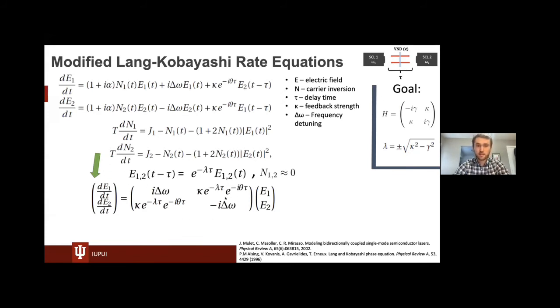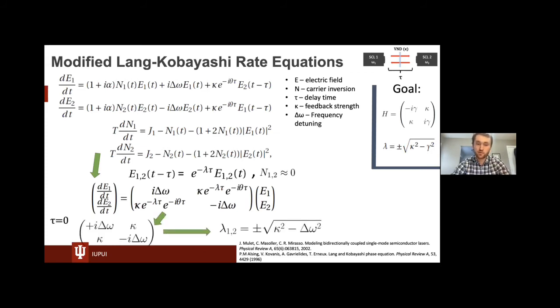Now you can see that I still need to make another approximation to get it to be PT symmetric, because it still includes this lambda tau term up here. So for the sake of simplicity, let's just assume that there is no time delay. I'm going to make things really simple.